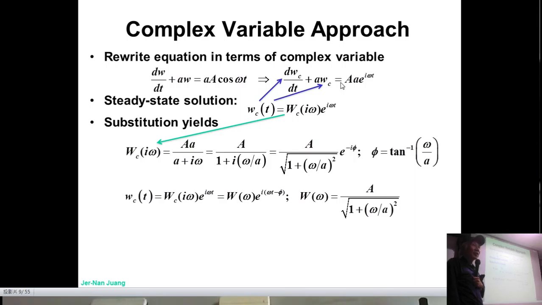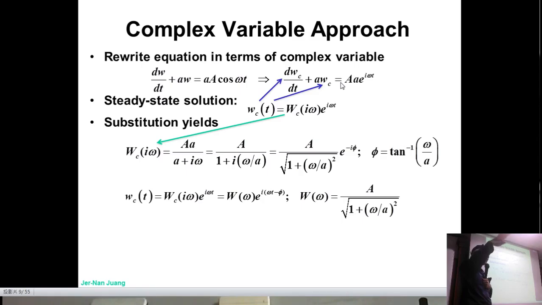So if you take the course on complex variables, has anybody already taken a complex variable class? In your engineering mathematics, do they talk about complex variables? You do, right? Everybody? This is the application. As a matter of fact, a complex variable doesn't have any physical meaning.